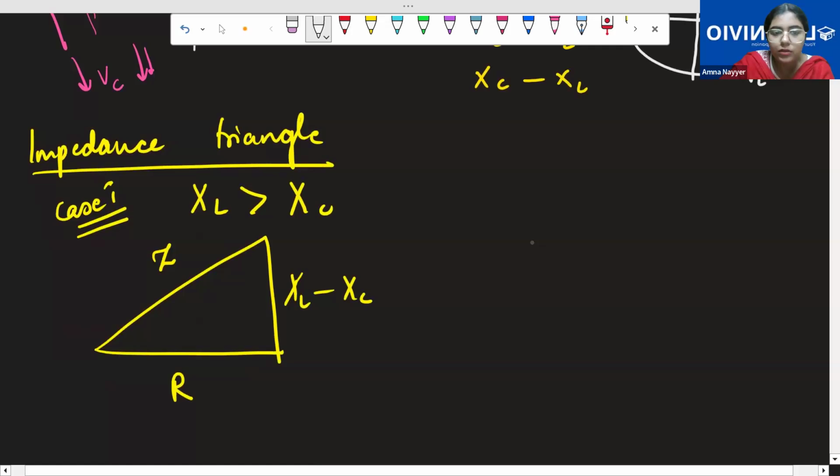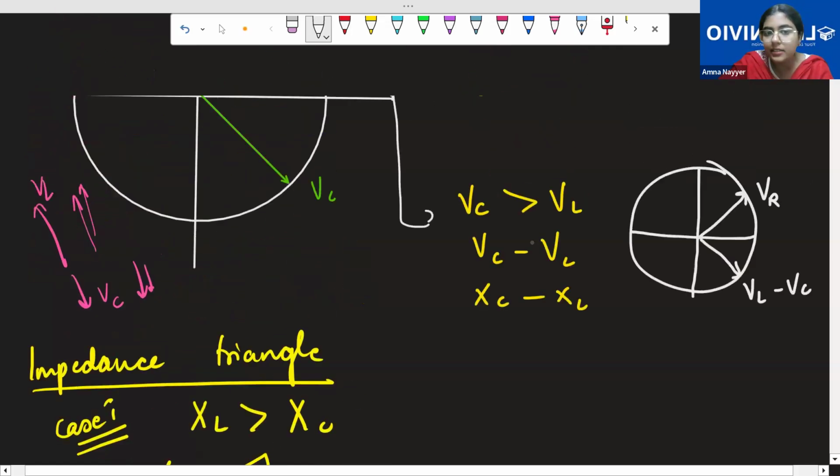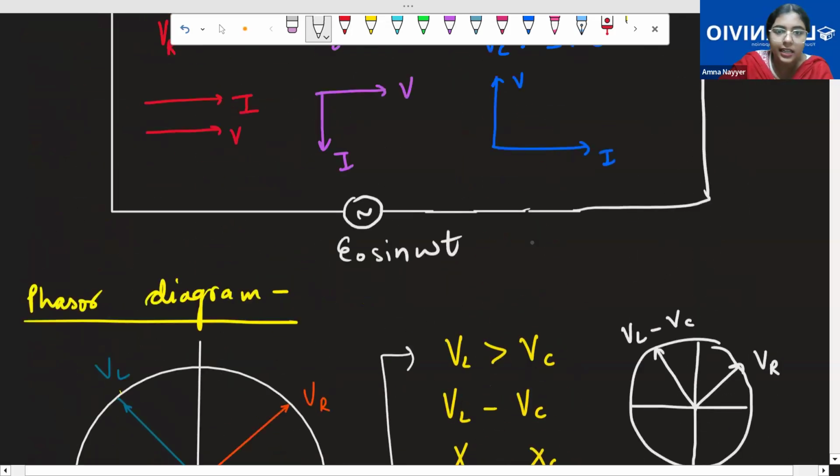So what we do to derive the net resistance of the circuit, we draw an impedance triangle. This derivation I'll tell you later.